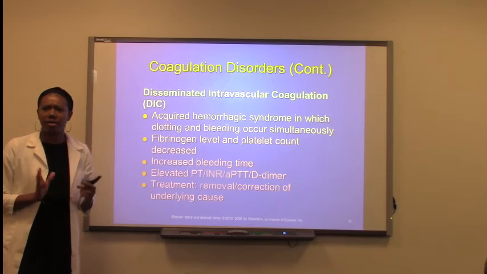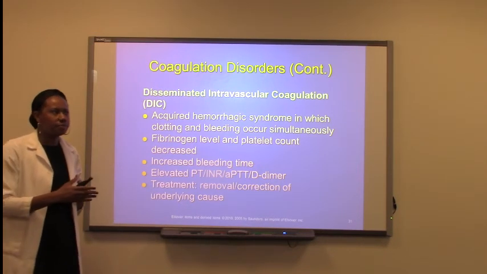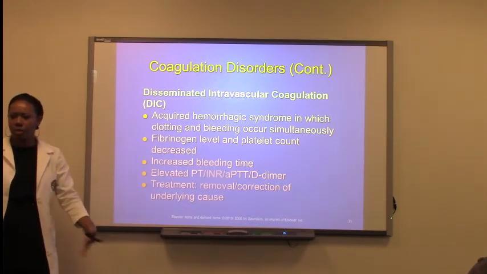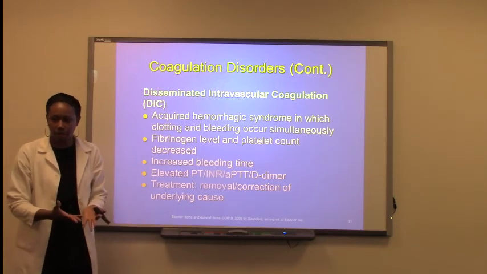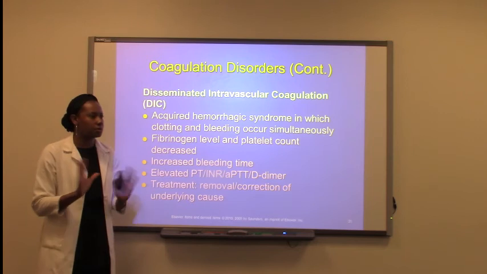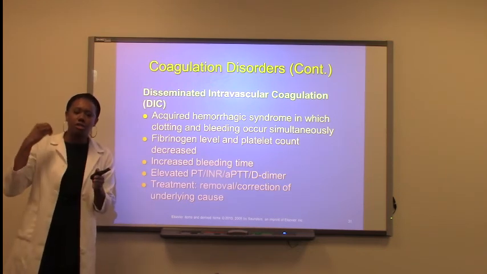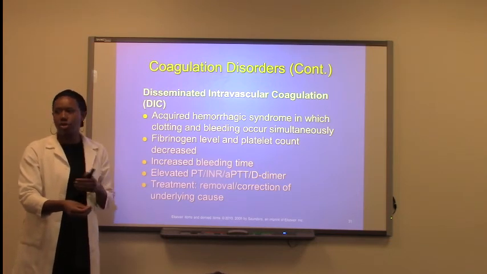So you're wondering, how the heck does that happen? Say for example, and I was reading this one time, a female gives birth, and after she gives birth, she's hemorrhaging. Extreme hemorrhaging from the birth. As much as the body's going to hemorrhage, what do you think the body's going to do? It's going to try to clot it.